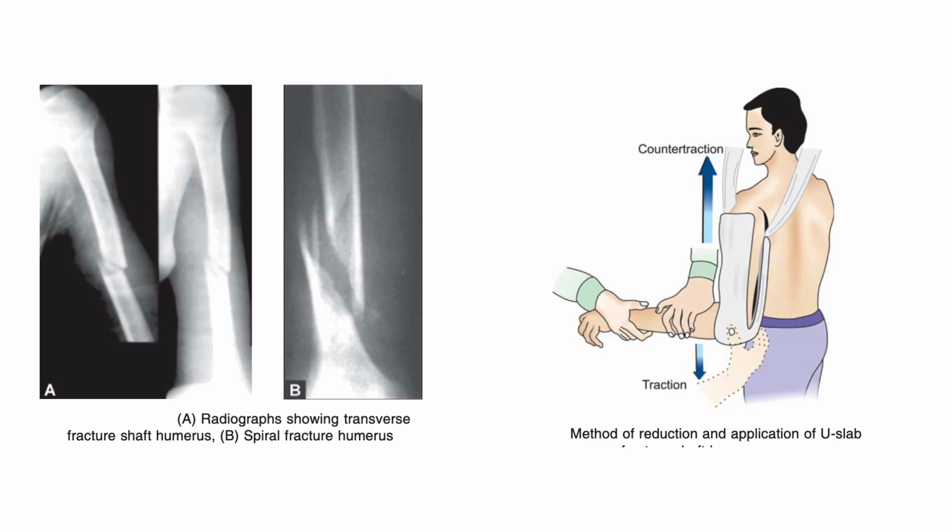As you can see in the image over here, this is how the reduction is made and the U slab is placed to enable proper positioning and posture of the humerus, which is very much indicated and ideal. So also we see the conservative methods. Let's further discuss splinting, simple splinting of fractures and further.